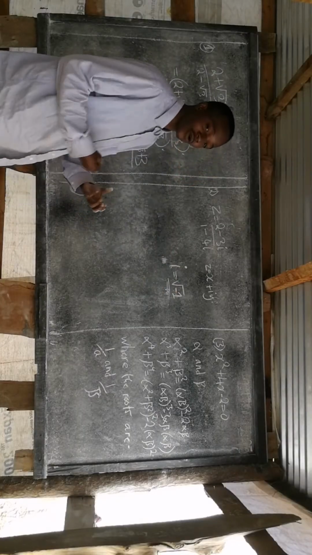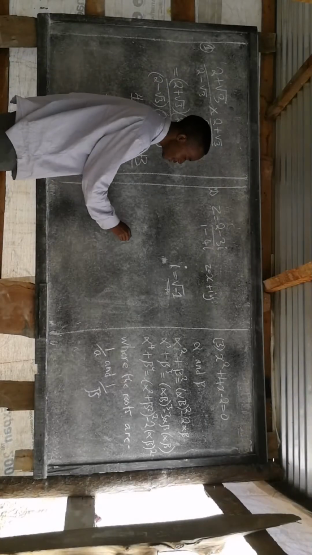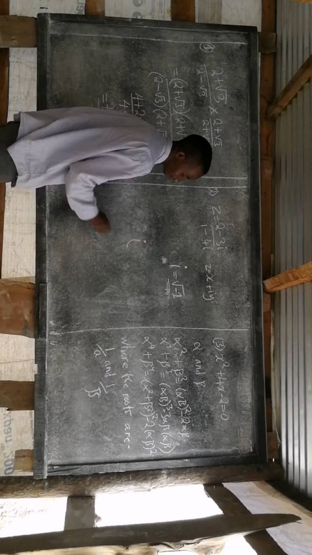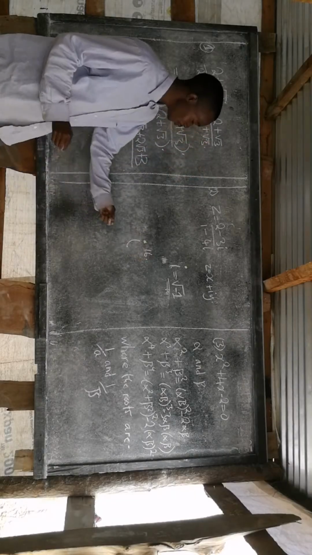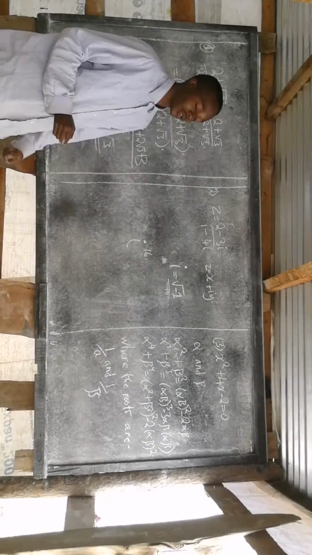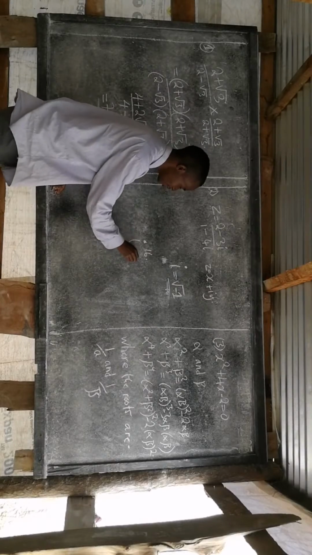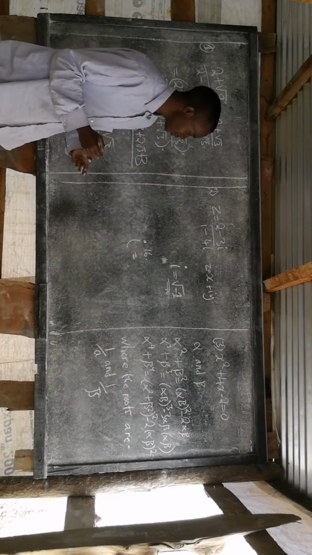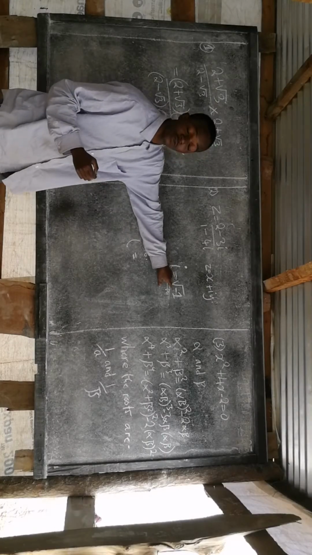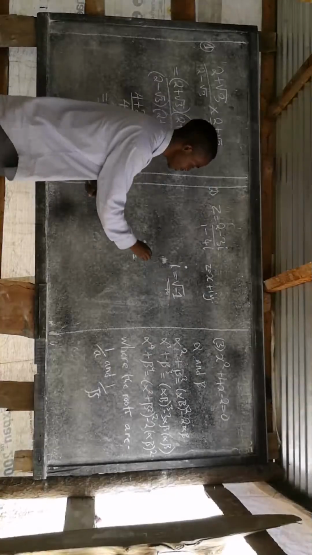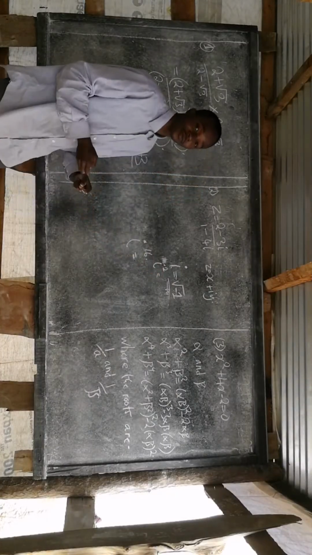Any question they'll ask you, for example, simplify i to the power 16. What should you do here? The first thing you need to know is that i is the square root of negative 1. If I say i to the power 2, what does that mean?